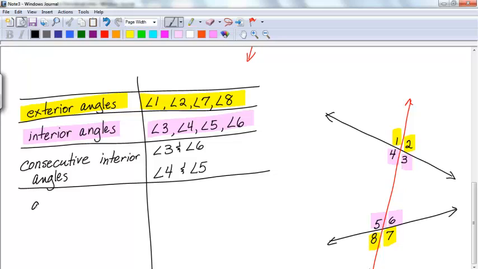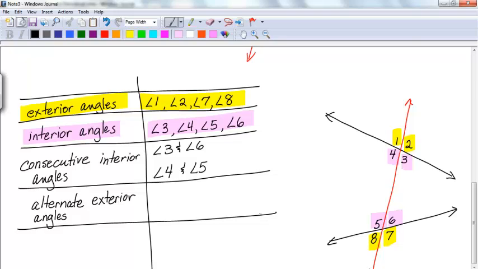The next ones are called alternate exterior angles. If you look at your picture, exterior, on the outside, were 1 and 2 and 7 and 8.